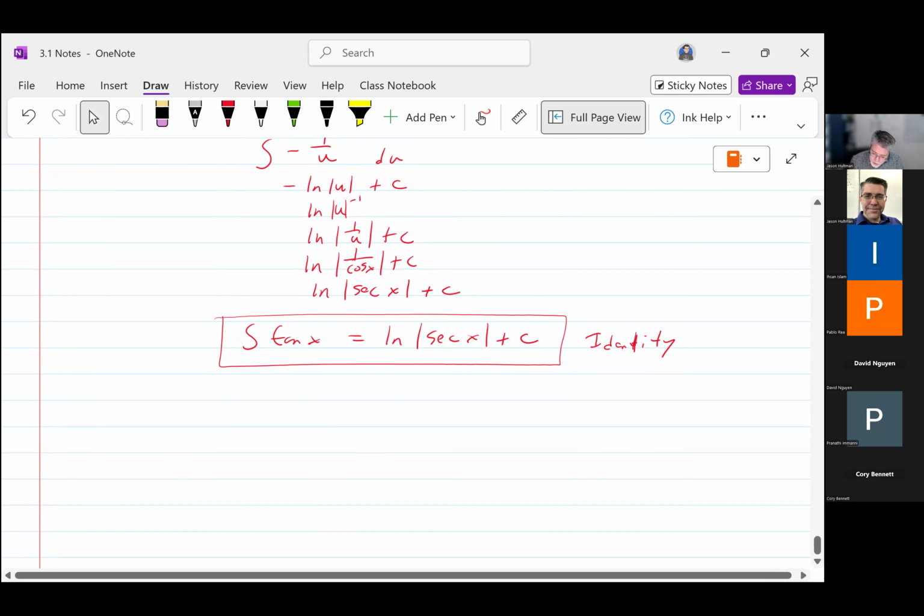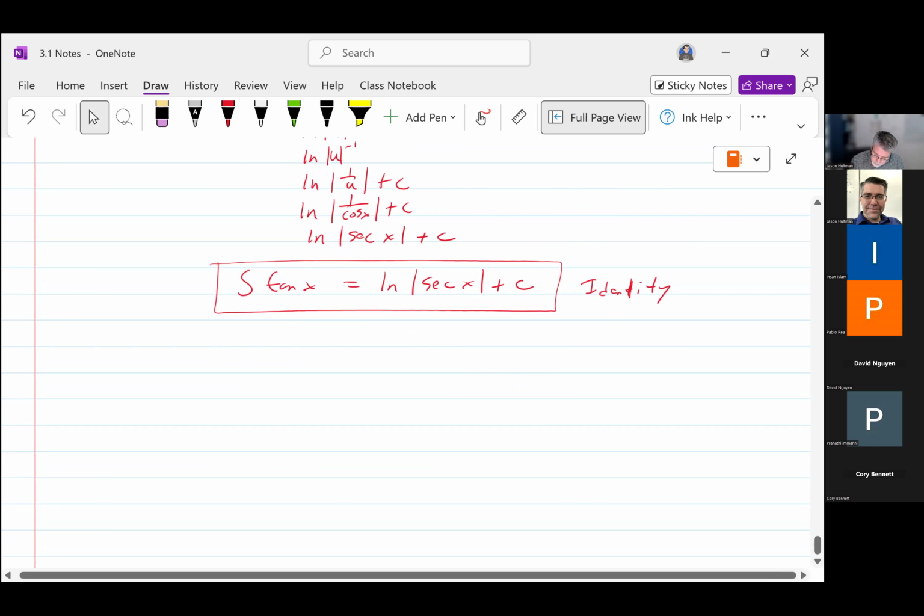Let's get into some of these evaluations. We'll come back to the integral of secant. We'll do the integral of secant last, because it involves a trick. But let's go on to number 5, where we just want to evaluate some tangents and secants.